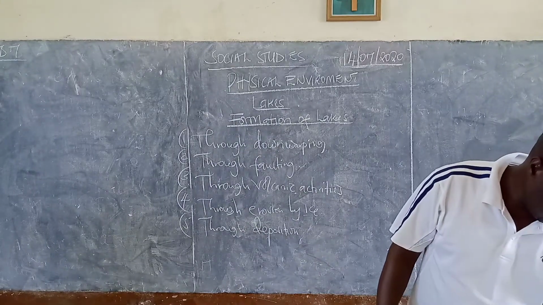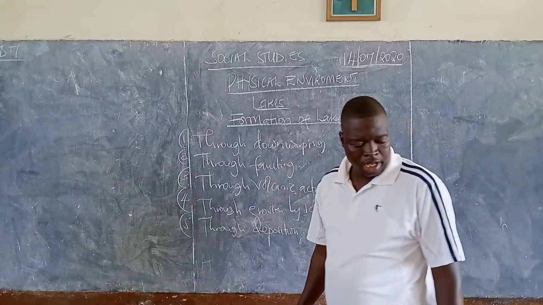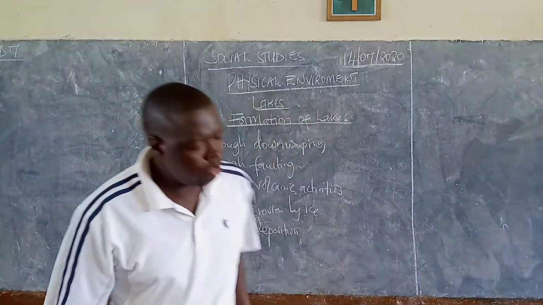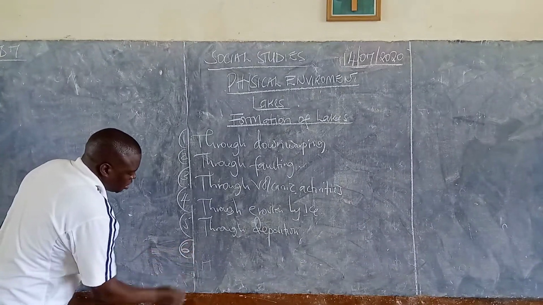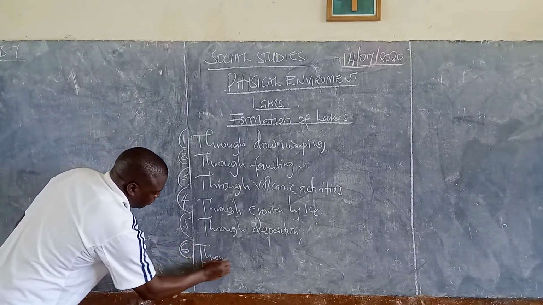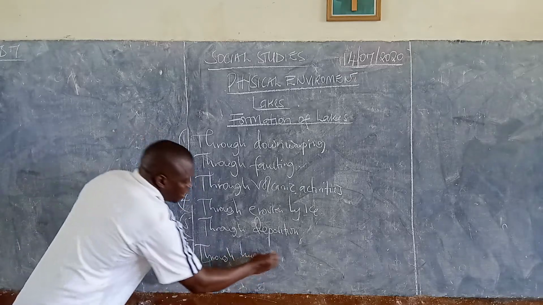So then the last one is lakes that are formed by humans. That is number six, through human activities.